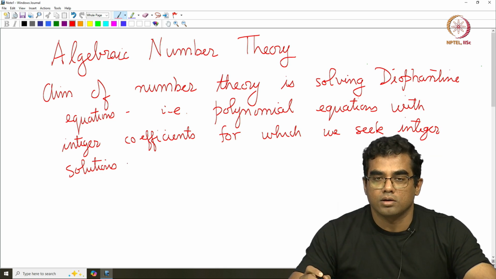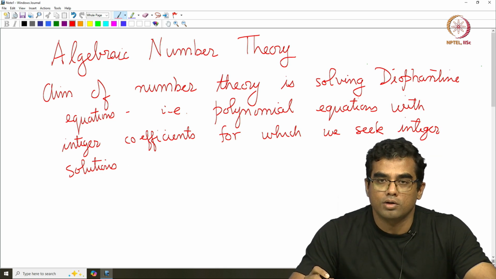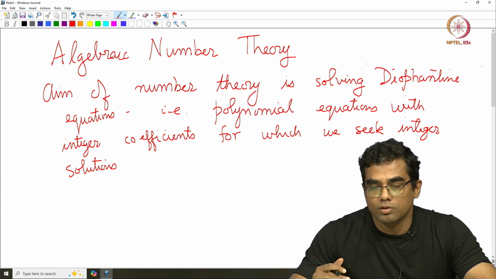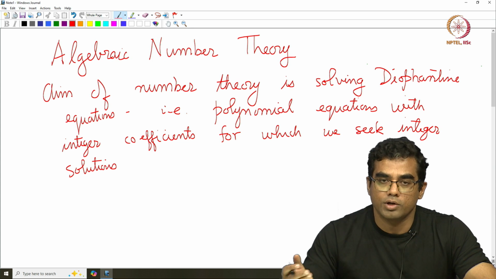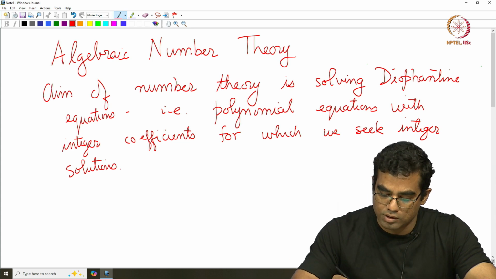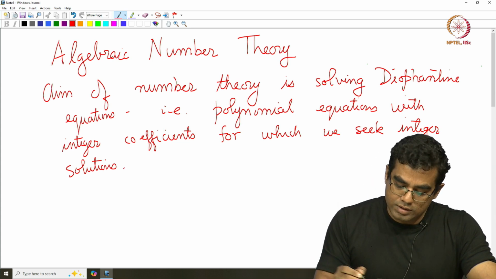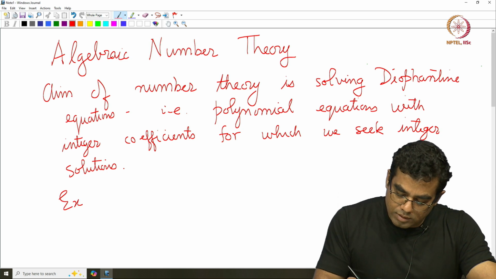So, loosely speaking, that is what Diophantine equations mean. They are polynomial equations in one or several variables in which all the coefficients are integers, and we want integer solutions for these equations. So, let us look at some examples.